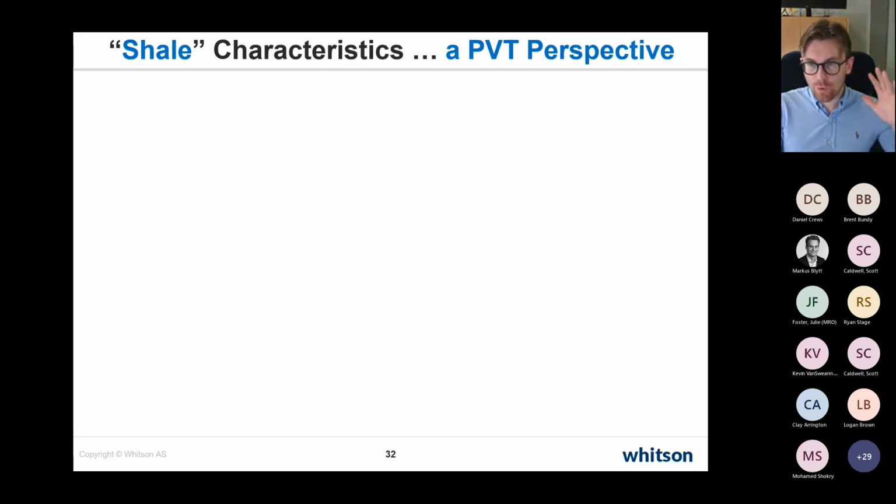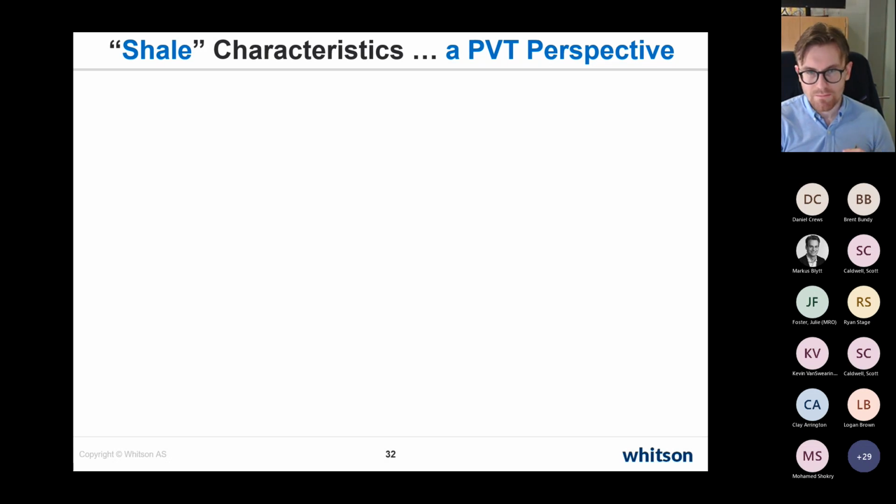The four characteristics of shale PVT, or what you see in basins like the Montney, Duvernay, Bakken, Anadarko Basin, Powder River Basin, Eagle Ford, Austin Chalk, Permian, etc., are these four things.